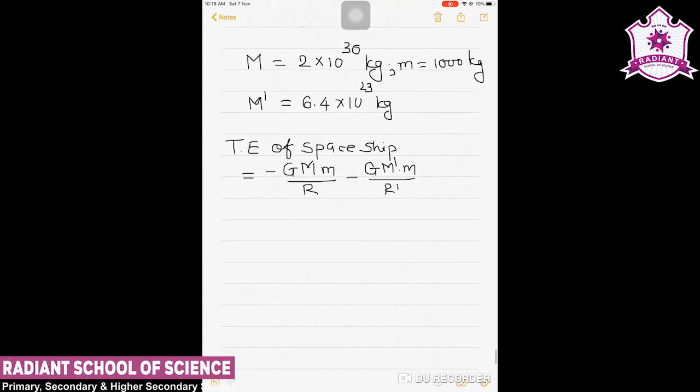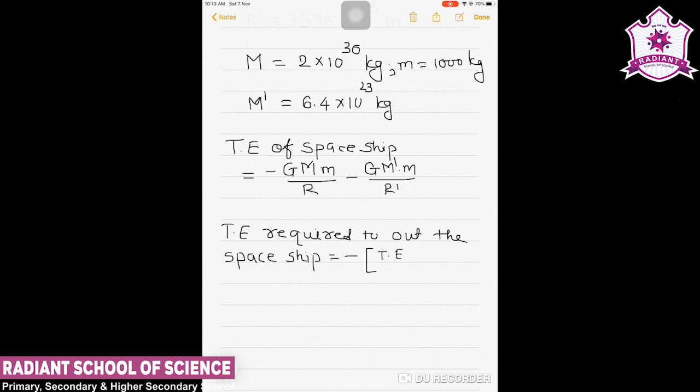So total energy required to take out the spaceship from the solar system is minus of the total energy of the spaceship.